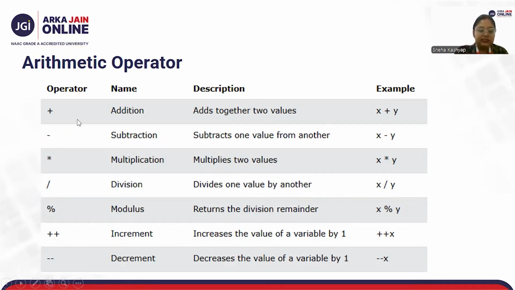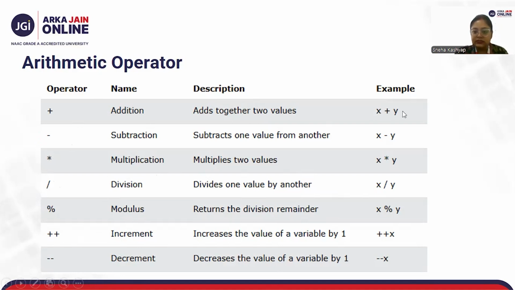So plus is basically called as addition, minus is basically called as subtraction. Then we have this asterisk mark, which is basically called as multiplication, followed by the division, then modulus. This double plus is called as increment, and double minus is called as decrement.